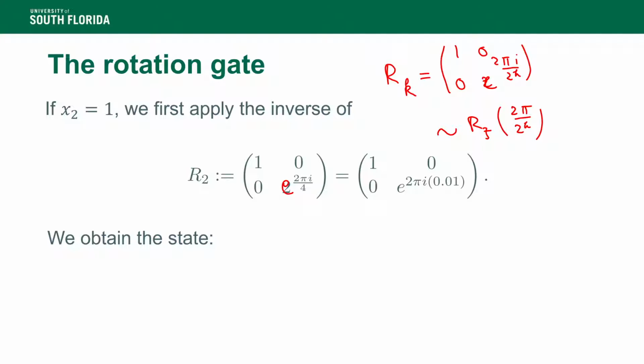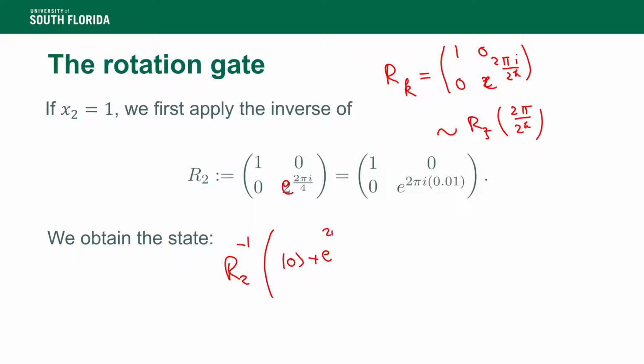So they really are rotation gates, but we need to use their equivalent matrix form to really see how we're going to be able to erase the contribution of the second term in the phase.